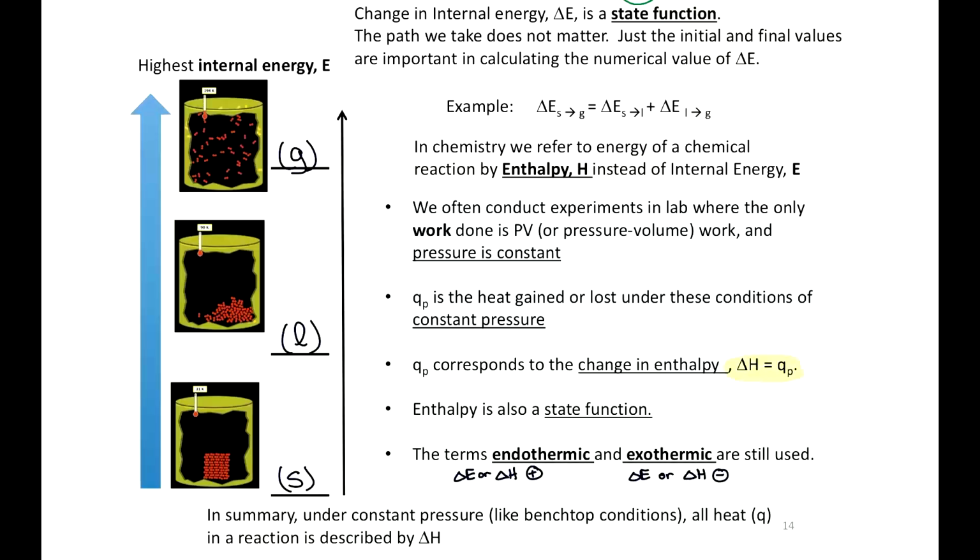And we're gonna utilize this property in a little bit. What that means is it doesn't matter the path we take during a chemical process or during a physical process. All that matters is the total change of where we started and where we ended.